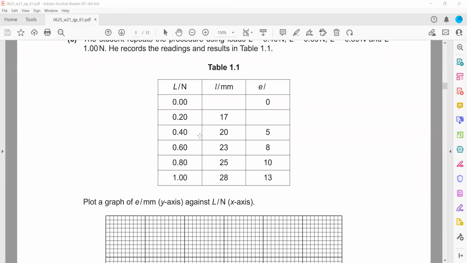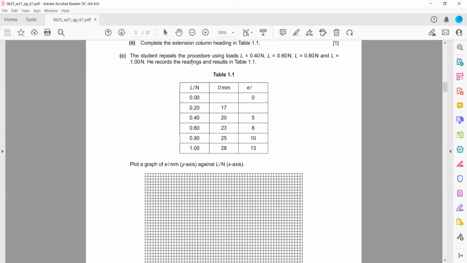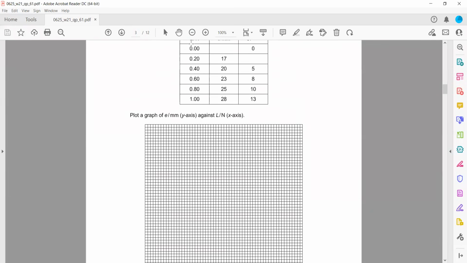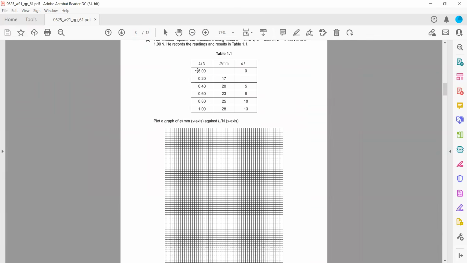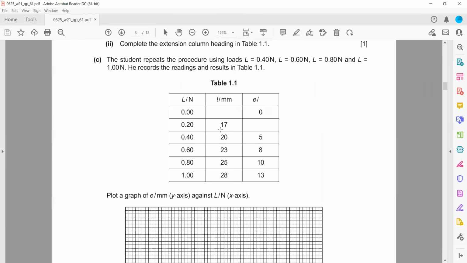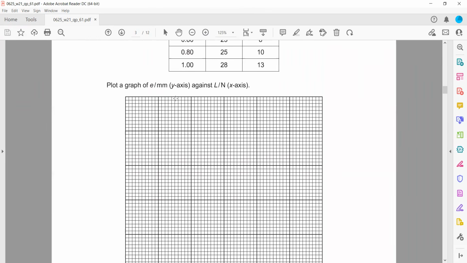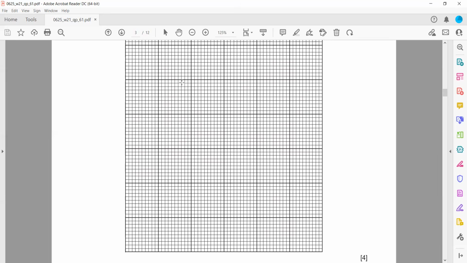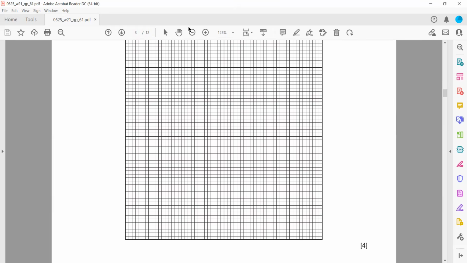We have to plot a graph, extension on y-axis. So we have to complete this, extension on y-axis and load on x-axis. Whenever you're plotting a graph here, load is on x-axis and extension on y-axis.